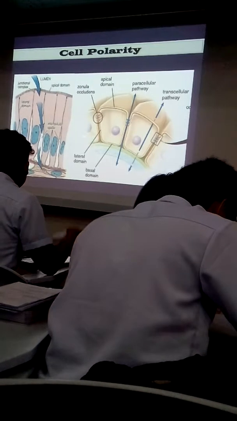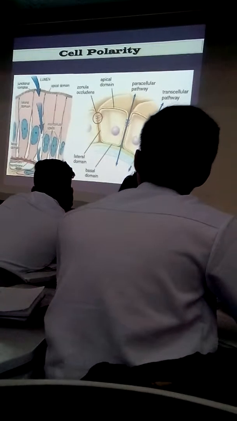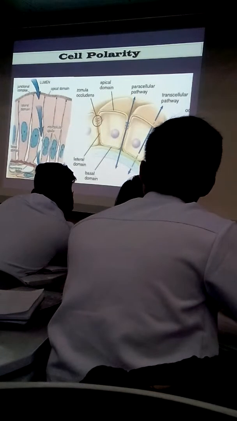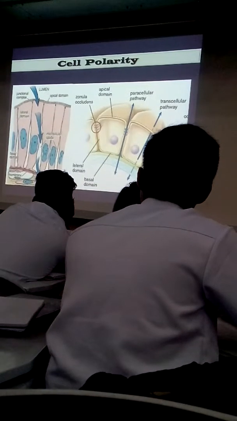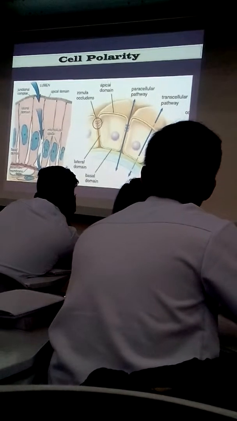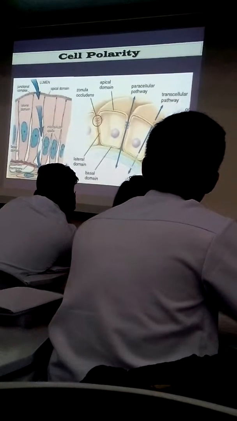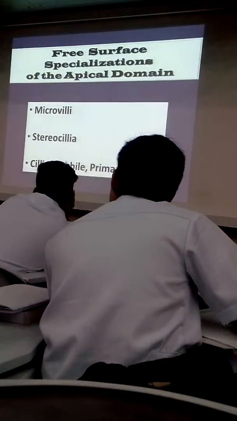For cell polarity, I think this one would best illustrate it. This is the apical domain, basal domain, and then we have the lateral domains here. The ones between two cells opposed to each other are the lateral domains. So those are the three domains of the cell.